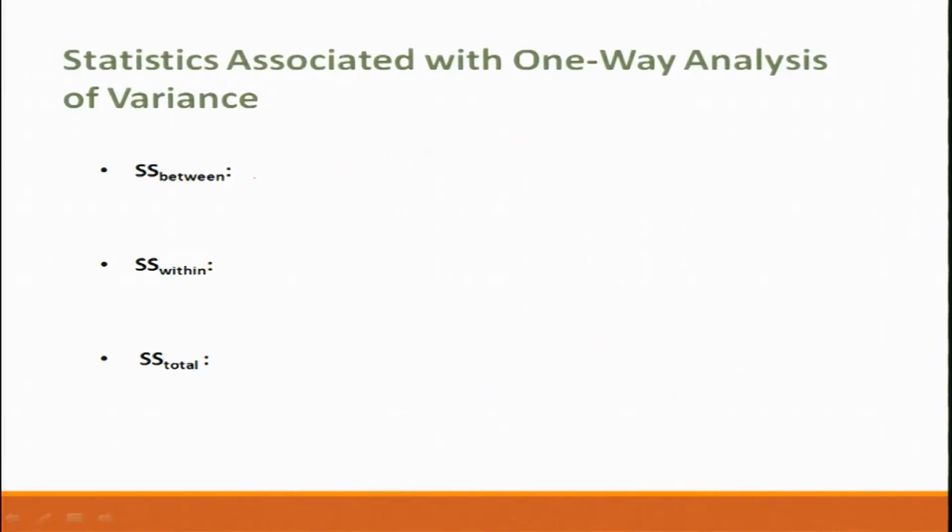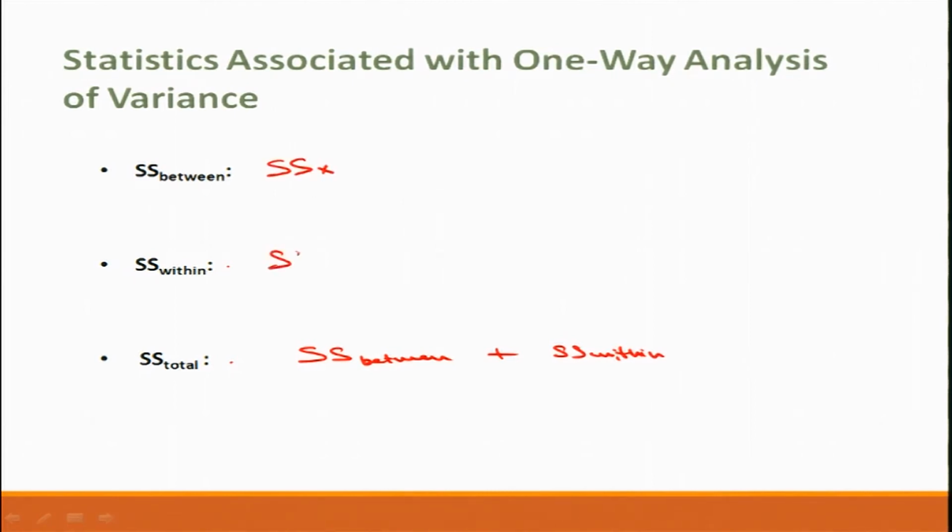Next three terms are again SS between, SS within and SS total. SS total is equal to the total sum of squares, it is SS between plus SS within, just recalling. SS between is the variation between groups, also denoted by SSX.